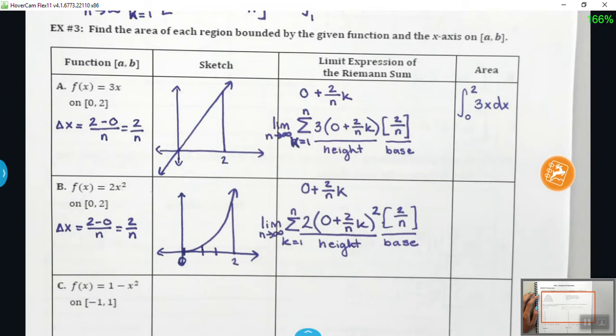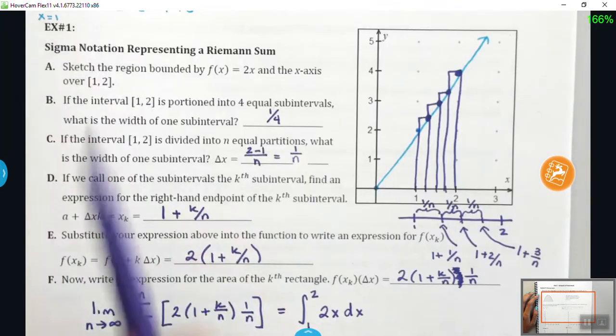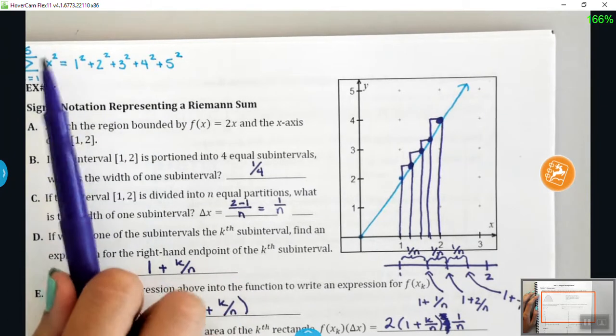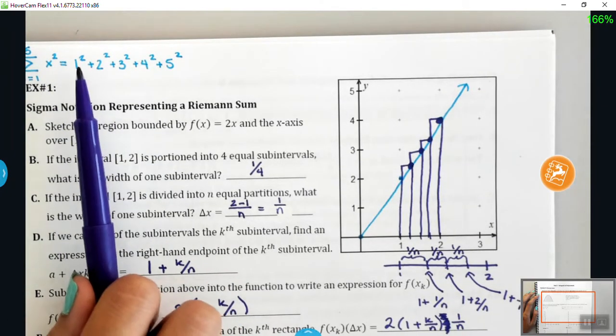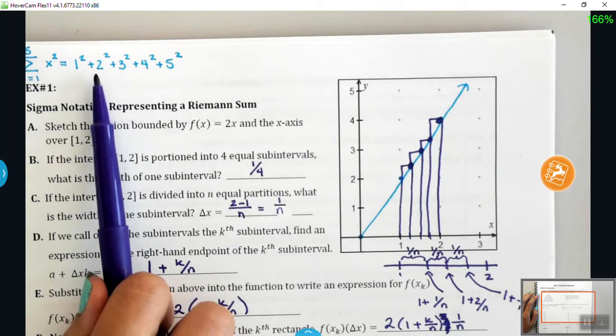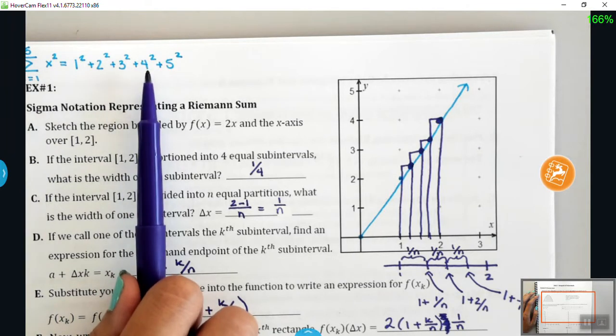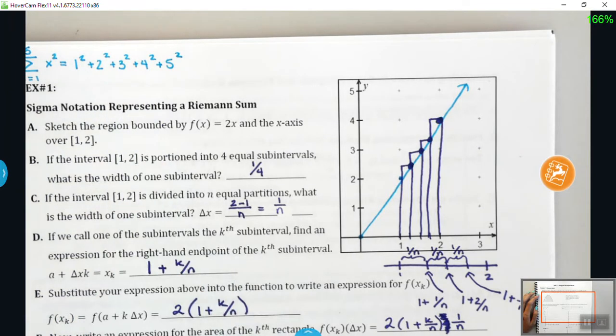I can plug in any number I want, but k is the increment counter. Oh, okay. So n is the number of subintervals, but k is which rectangle you're on at each moment. It means start with the first rectangle, then the second, then the third, then the fourth. Does that make sense? Yeah. Okay.